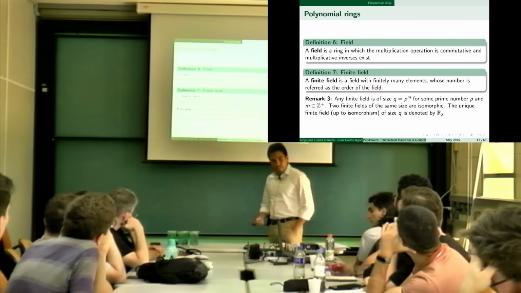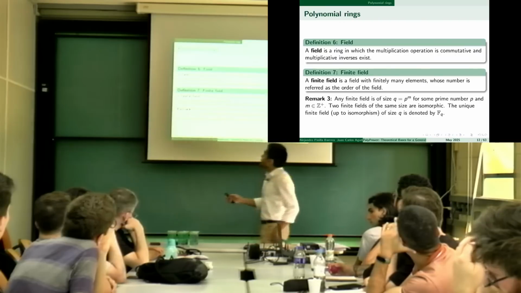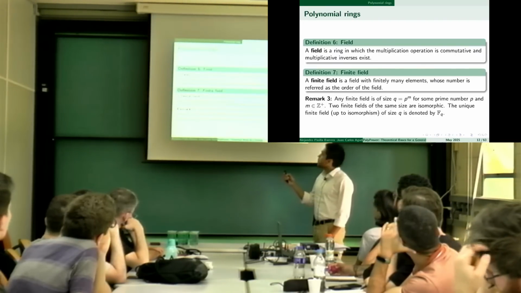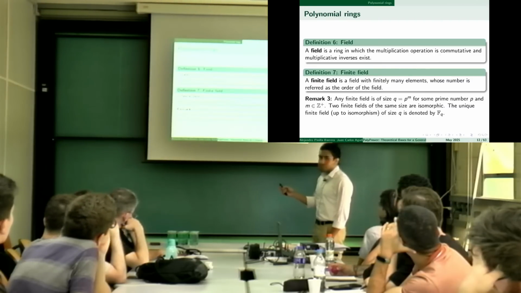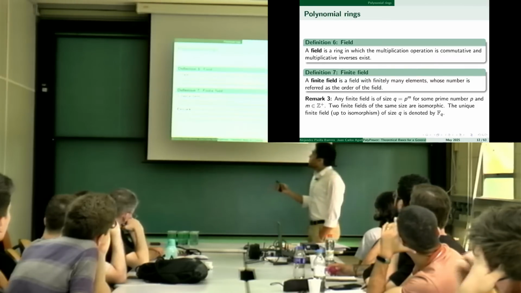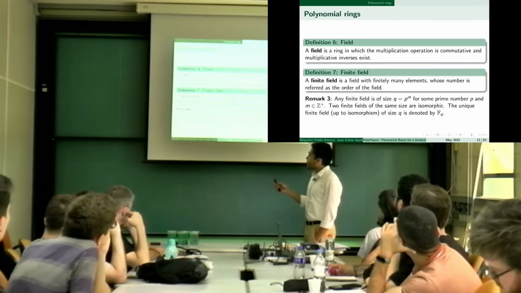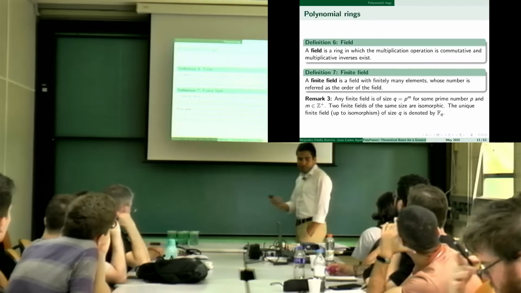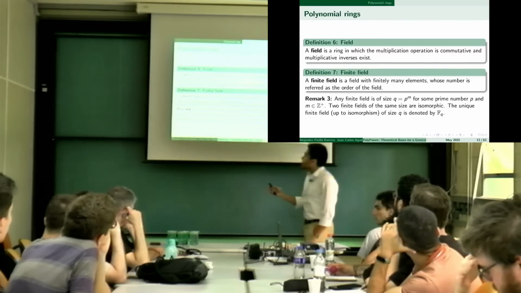And one specific class of rings are the fields. And the fields are really interesting. Why? Because in the fields the multiplication is commutative, and we have multiplicative inverses, right? And remember that, similar to what we do with vector spaces, we have here a finite field, okay? So we will define a finite field. It's just a field with a finite number of elements, right?